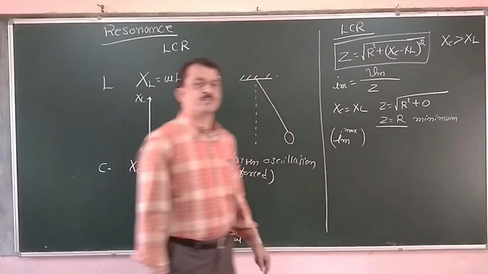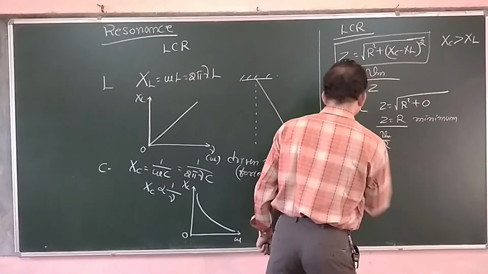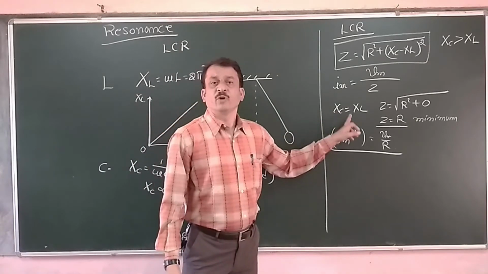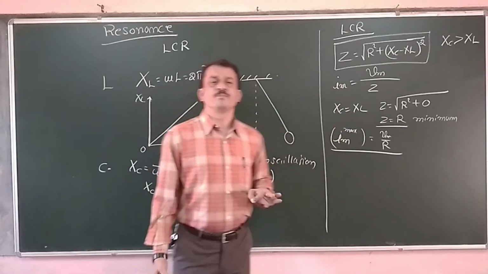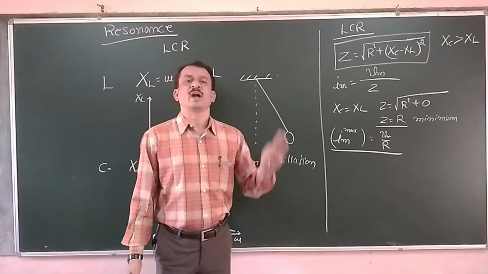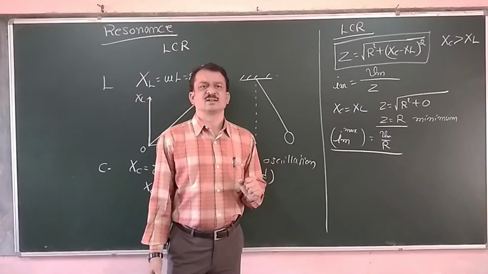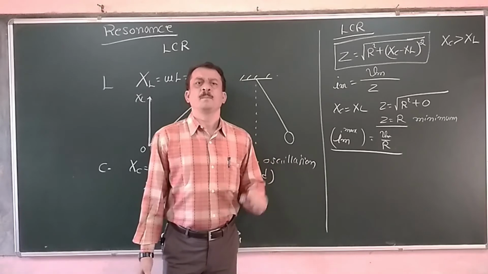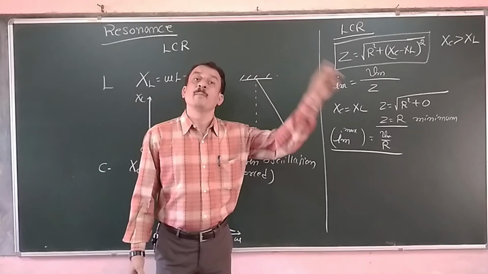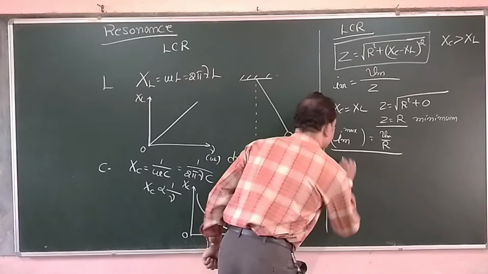We will write it like that: Im maximum is equal to Vm by R. Therefore, at a particular frequency of oscillation, the inductive reactance equals the capacitive reactance. At that frequency, impedance becomes minimum, current becomes maximum, and that frequency is called the resonance frequency.